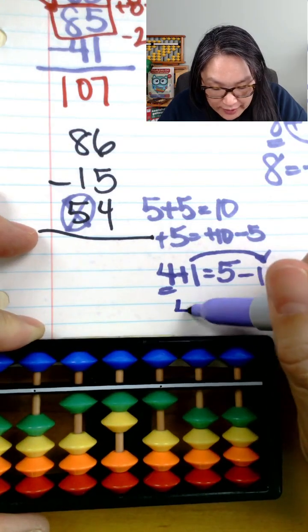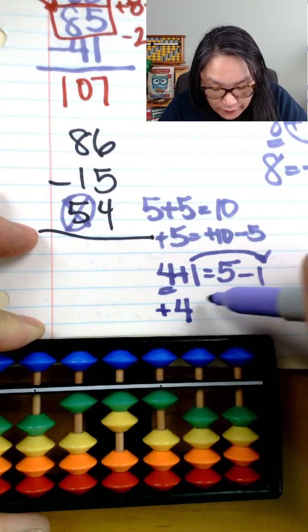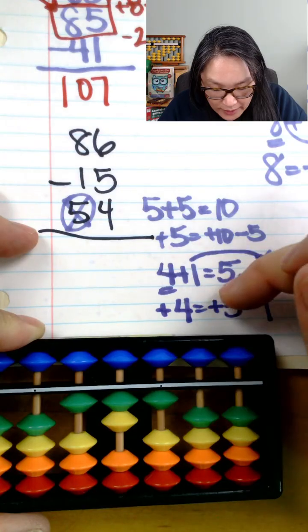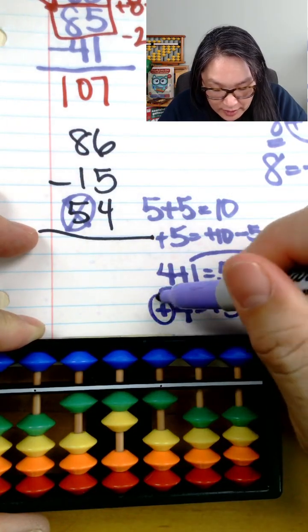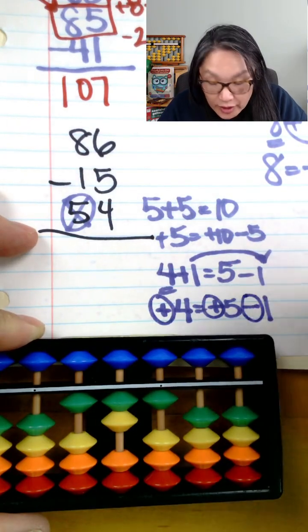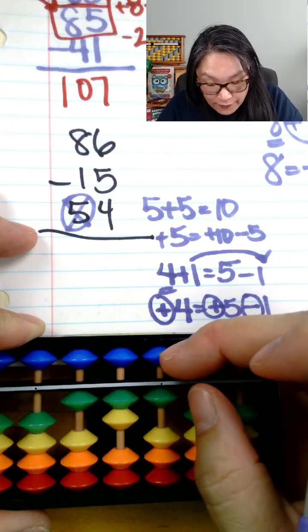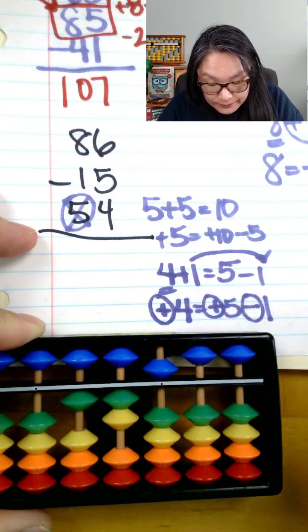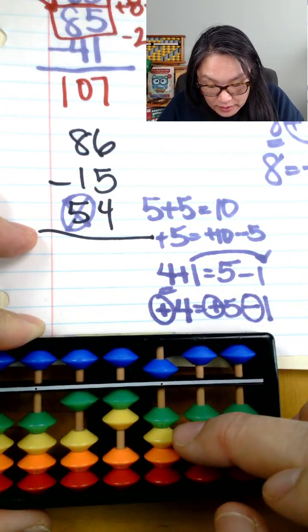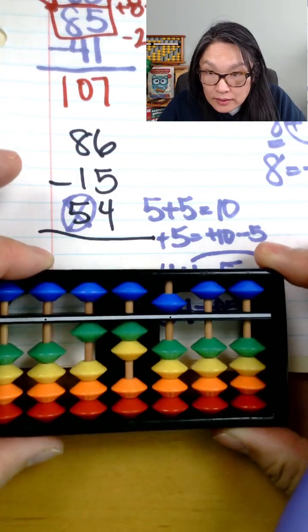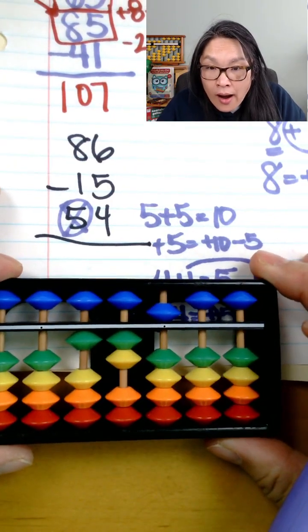So I'm going to rewrite the equation to be plus the 4 is equal to plus the 5 minus 1. I have to make sure that these operators are there because it helps remind us what we're trying to do. So we're going to plus the 5 and take away the 1. So then my answer is... What's my answer?